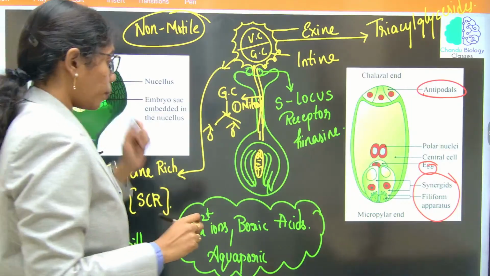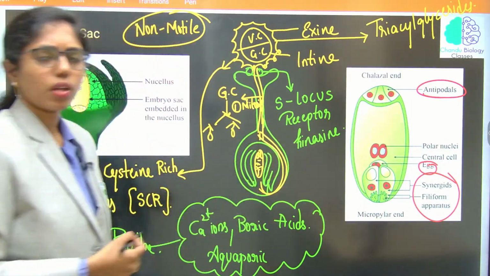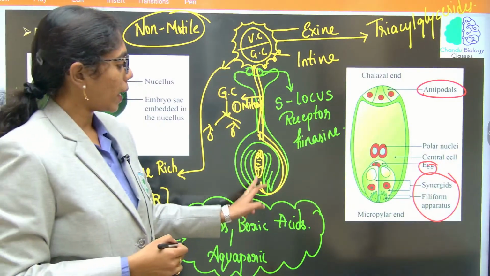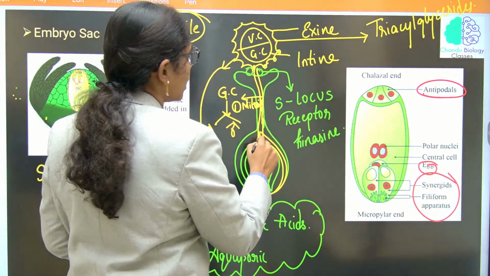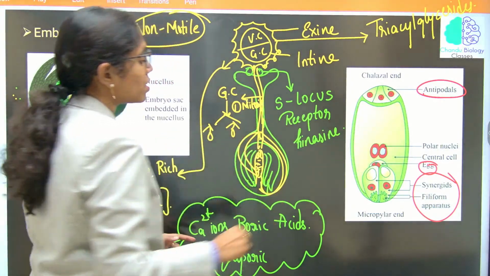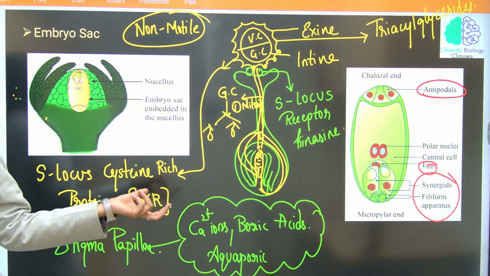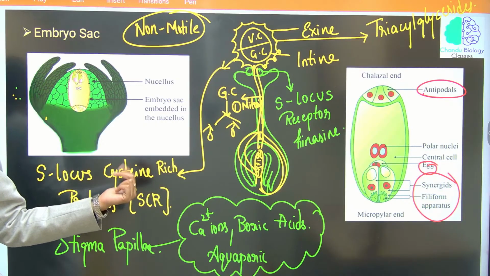The pollen tube enters the embryo sac in any of the ways, either through the micropylar region, known as porogamy, or through the chalazal region, known as chalazogamy, or through mesogamy. These are the different entries of the pollen tube into the embryo sac or the ovule.